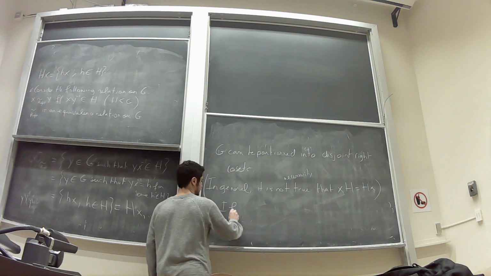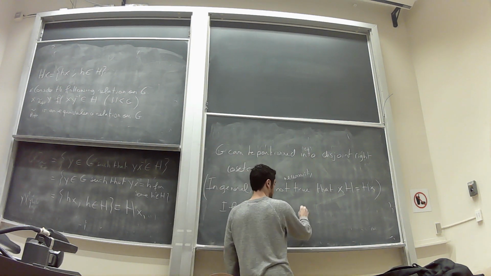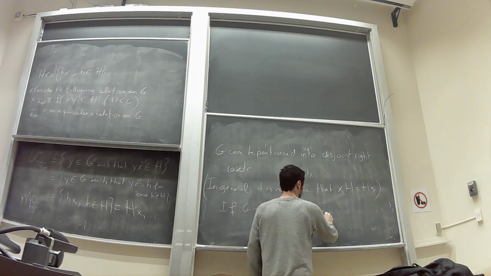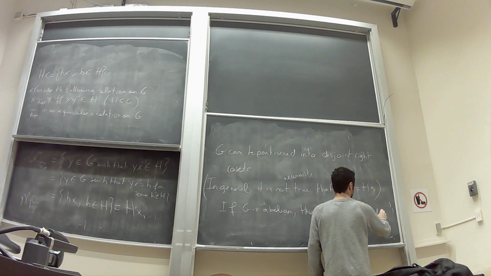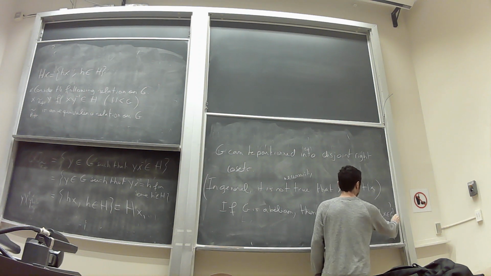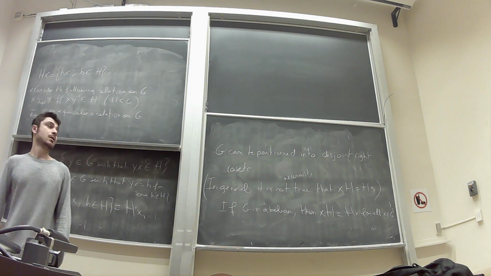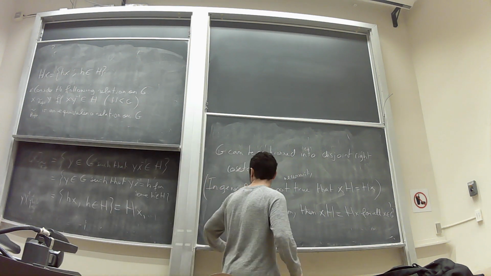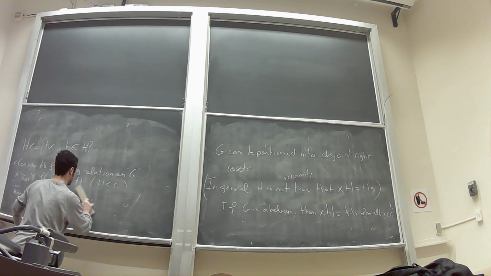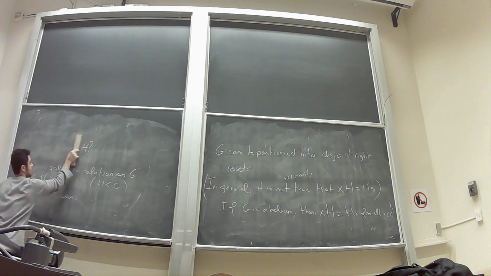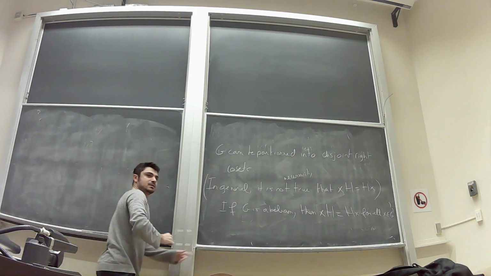If G is abelian, then xH is equal to Hx for all x in G. Okay? I'll leave it to you as an exercise. I mean, this is a very good point.